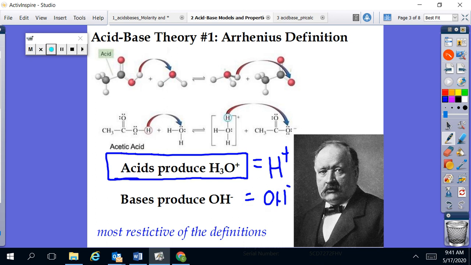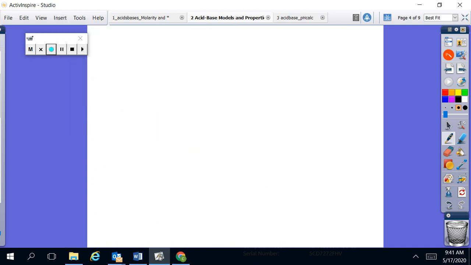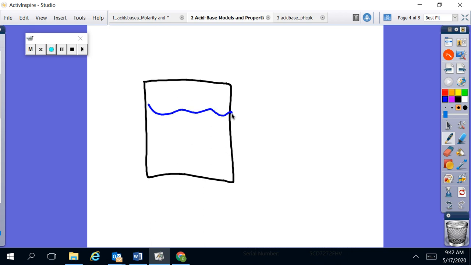Okay, so I'm going to draw a little simpler picture to make you understand what's going on here. Then I'll come back to this page. So in a nutshell, what he's saying is if you had a beaker of water, draw a beaker, and you have it with water in it, and you threw an acid in it.